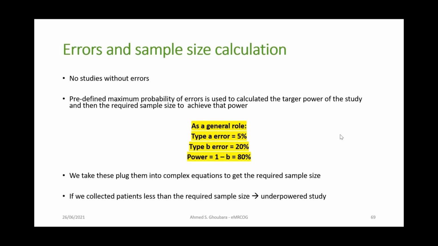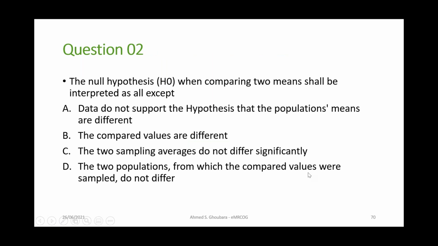Okay, next. Question 2. The null hypothesis, sometimes abbreviated as H0, when comparing two means shall be interpreted as all except.